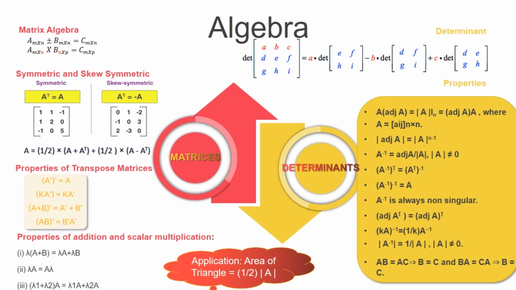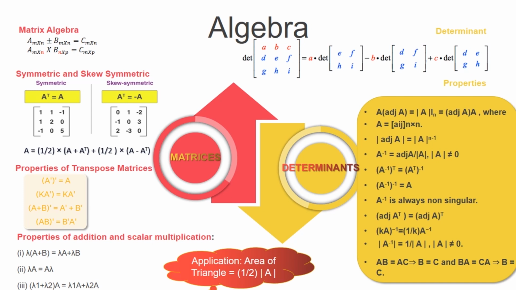Next, algebra. In the unit algebra, you have 2 chapters, matrices and determinants. In matrices, the common mistakes you make are in the matrix product. For addition or subtraction, the order should be the same for both matrices and the result will also be the same. But for the matrix product, remember the order condition, because in application questions, in case studies and all, when you are making matrix equations, you make blunder mistakes.